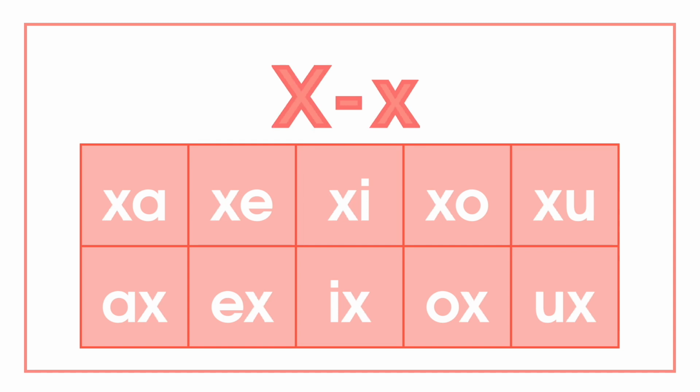Let's continue with the sound x. These syllables are read as follows: xa, xe, xi, xo, xu, ax, ex, ix, ox, ux.